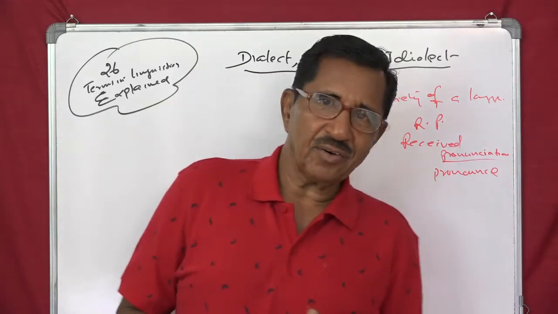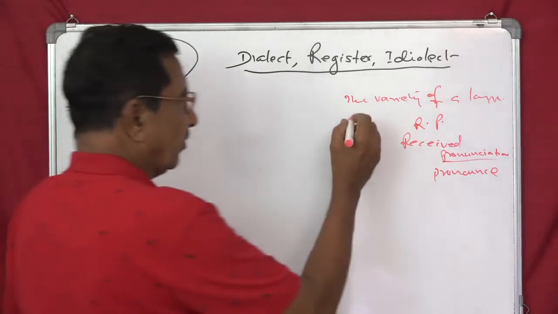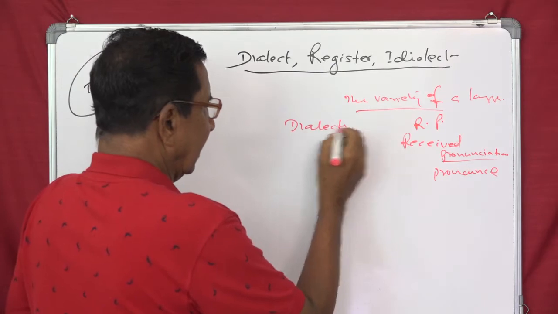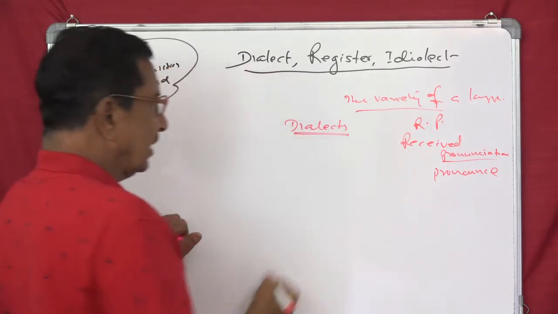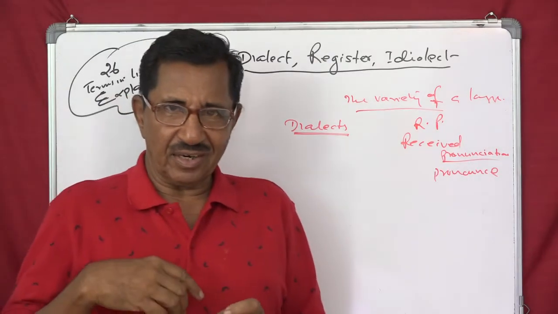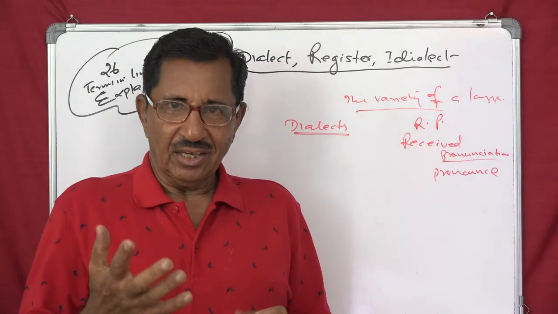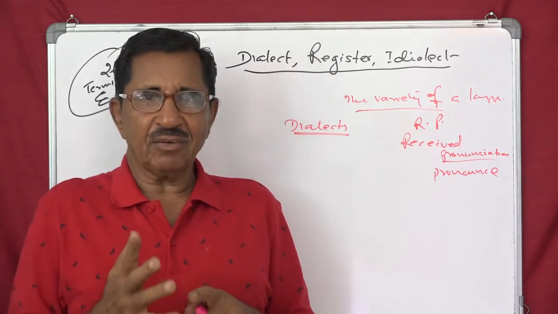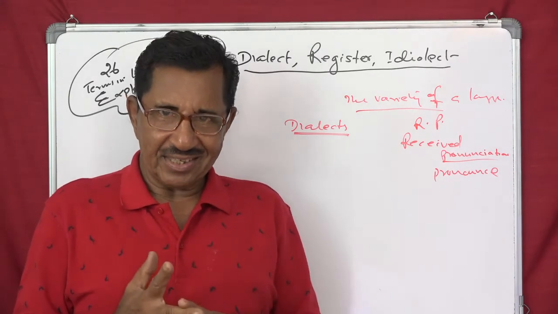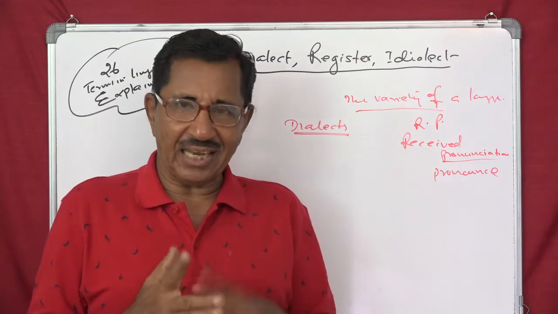Now, dialects of a language, meaning varieties of a language, differ in the way they express. Mainly you find differences in vocabulary, pronunciation, grammar, and accent. Pronunciation means accent.